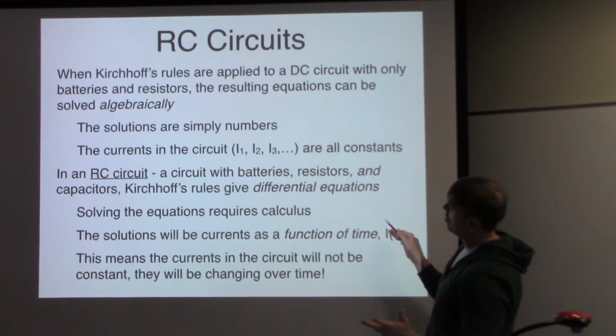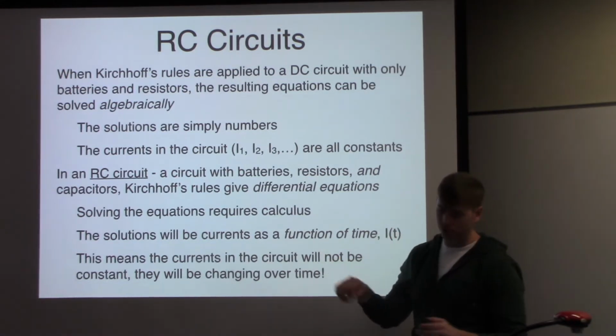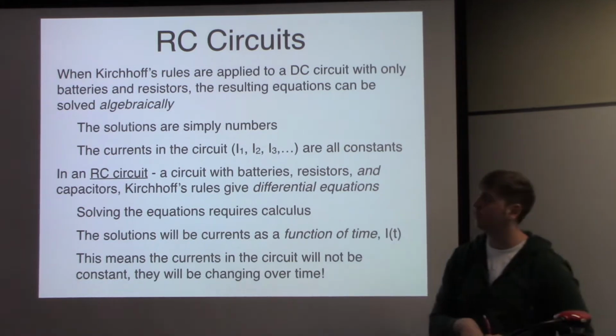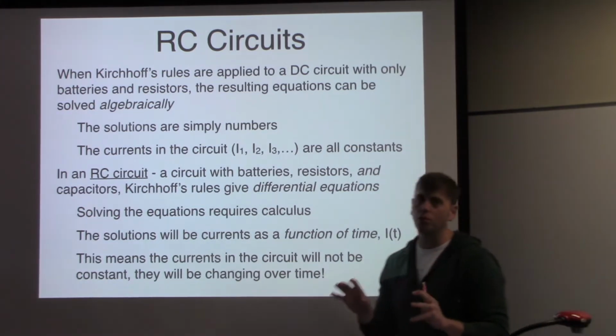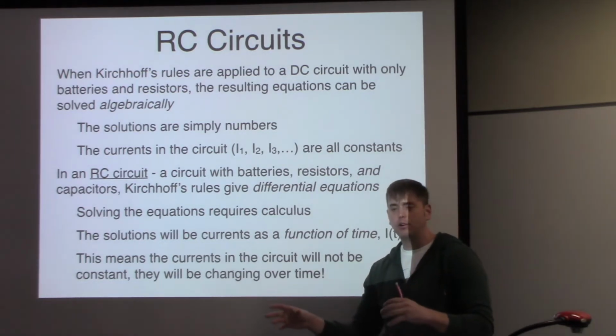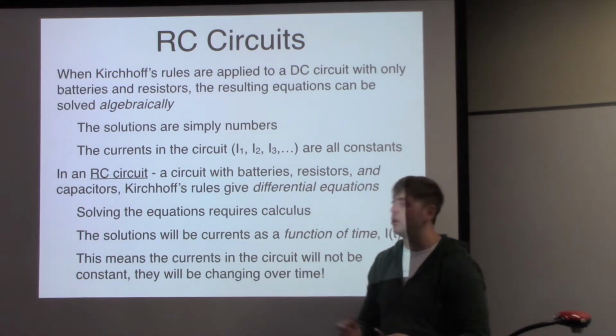So the big picture is, when we've used Kirchhoff's rules in the past to figure out some unknown currents in a DC circuit, up until this point, we've only been looking at problems where you have a bunch of resistors and maybe a bunch of different batteries connected in some way.